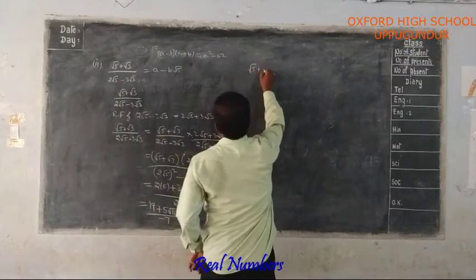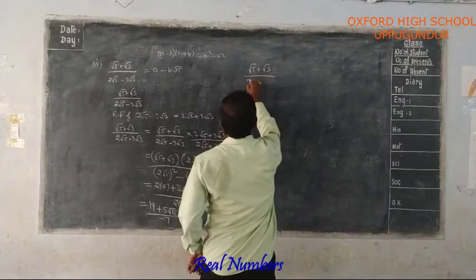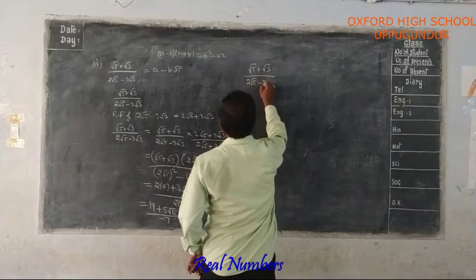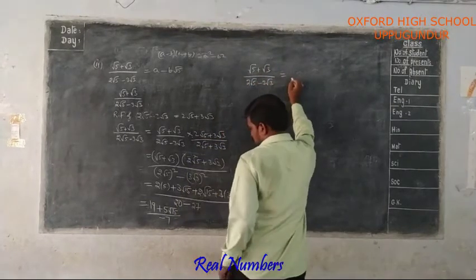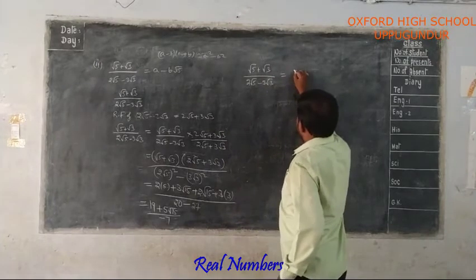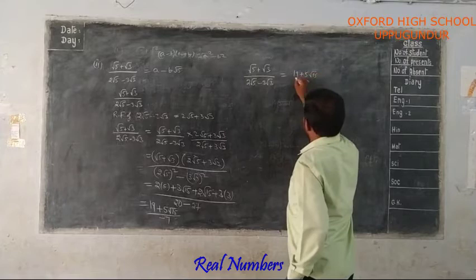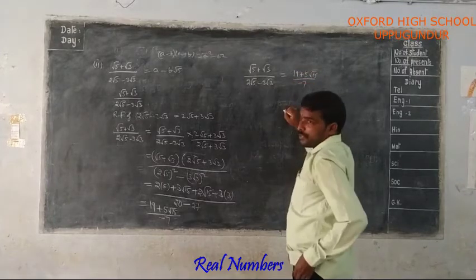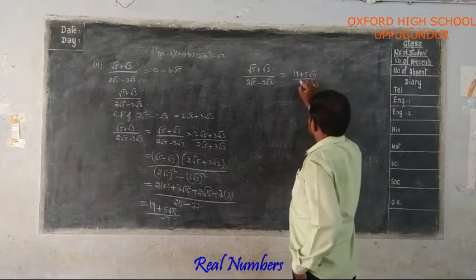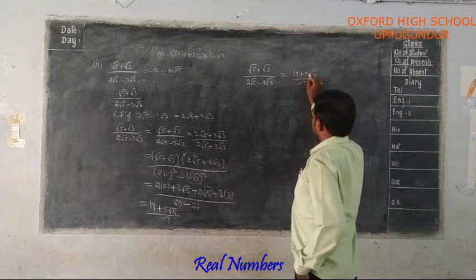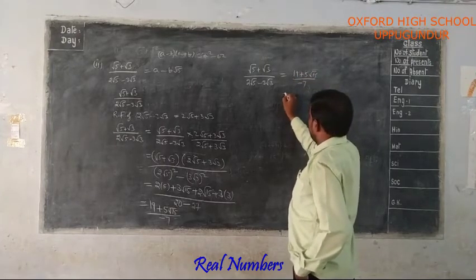So (root 5 plus root 3) by (2 root 5 minus 3 root 3) equal to (19 plus 5 root 15) by minus 7. When you divide these two terms by minus 7, what will you get?